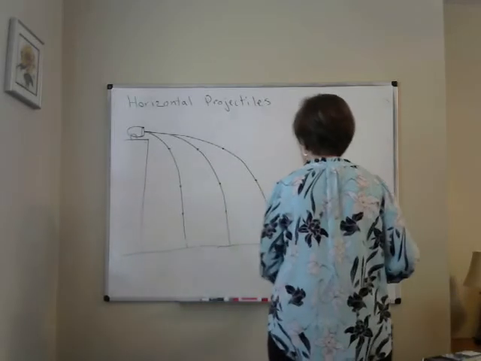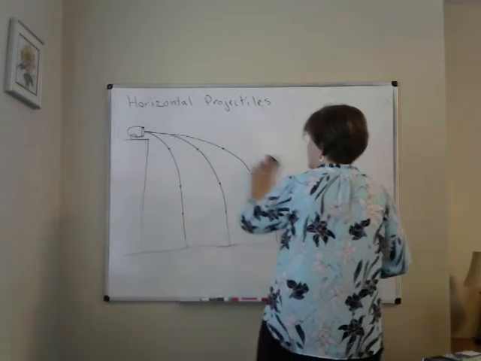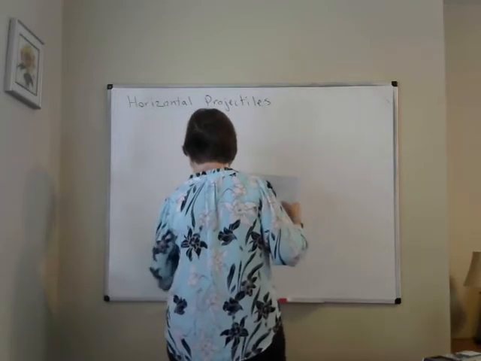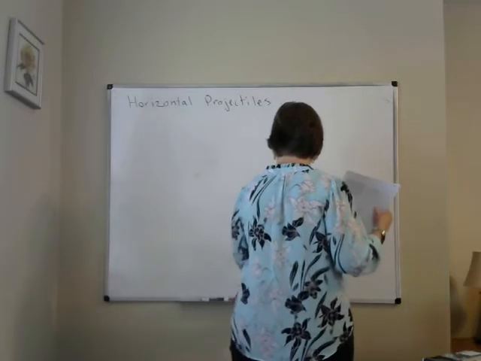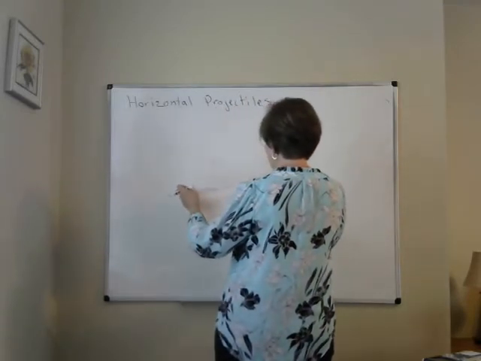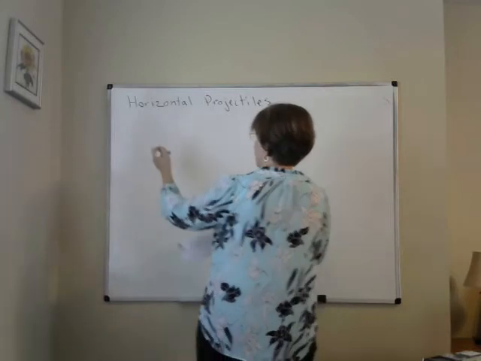Let's look at an example. Let's put some numbers in just so we can think about it. In the example, I said we have a cannonball launched at 7 meters per second.